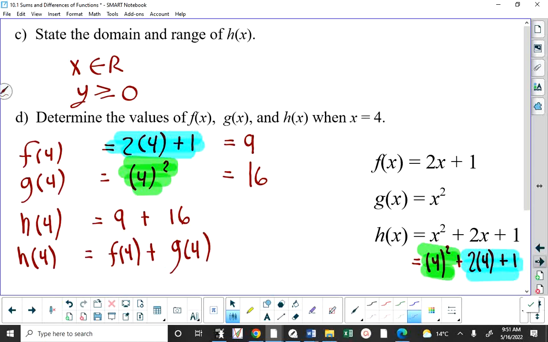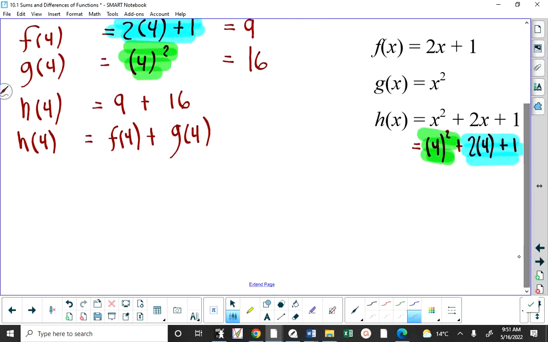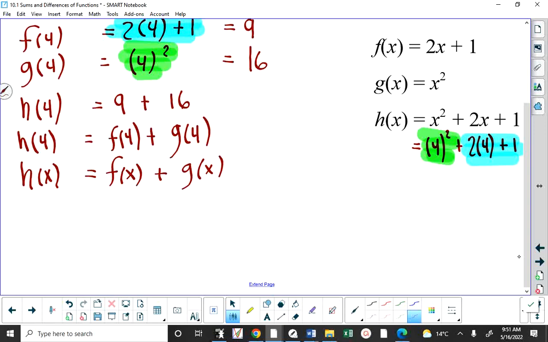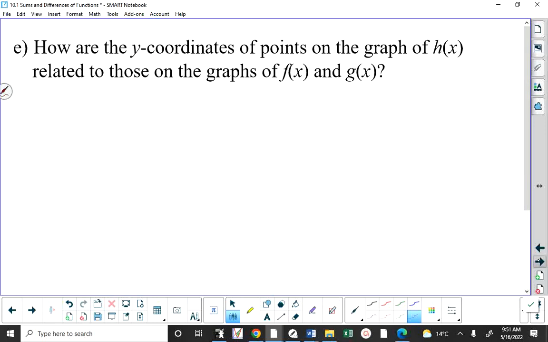I think this is really interesting because we've gone all the way around the block, and you know what I'm telling you? H of x is f of x plus g of x, which was the question, right? F, g, and h are functions. They're y values. So you add the y coordinates. How are the y coordinates of the points in the graph of h of x related to the y coordinates on f and g?